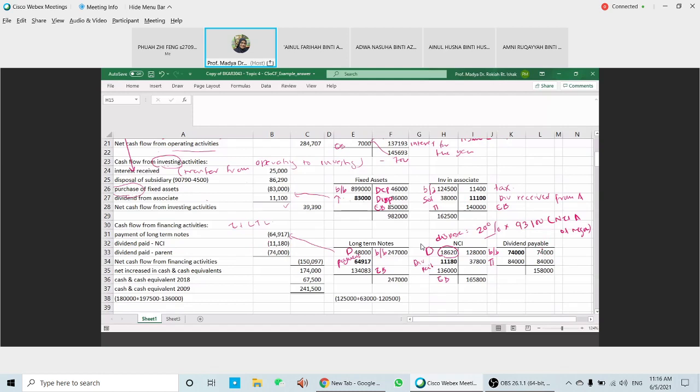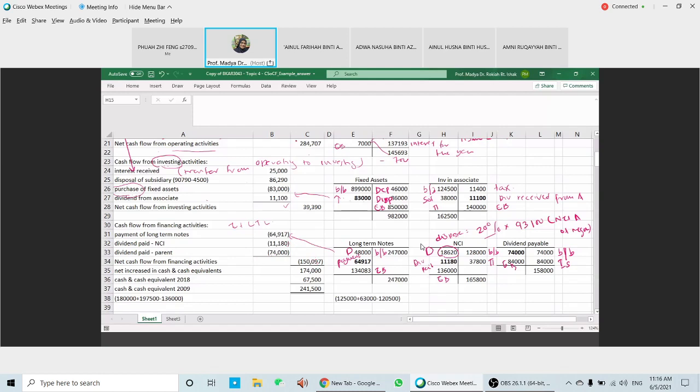So look at the dividend payables. This is your beginning balance. This item you have in the income statement. This is the ending balance. So at the end, you have 74 dividend paid here. So you have net cash flow from financing of negative 150.